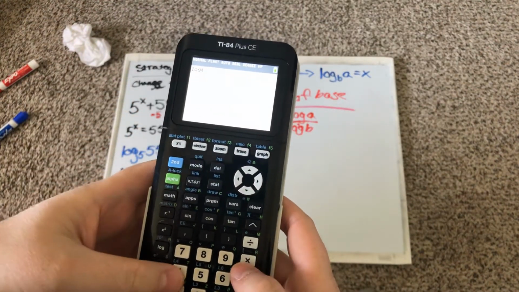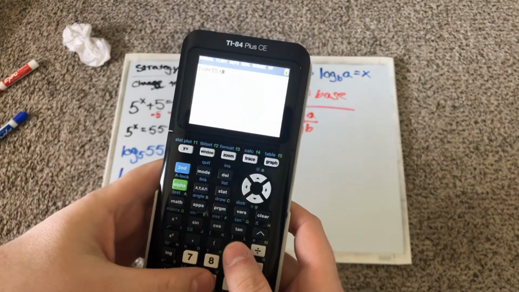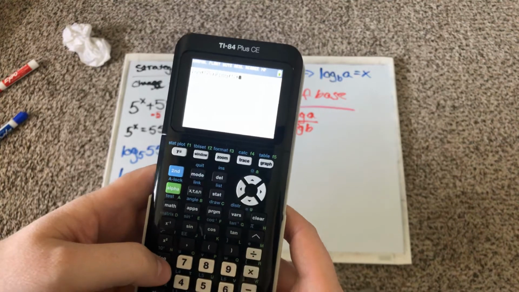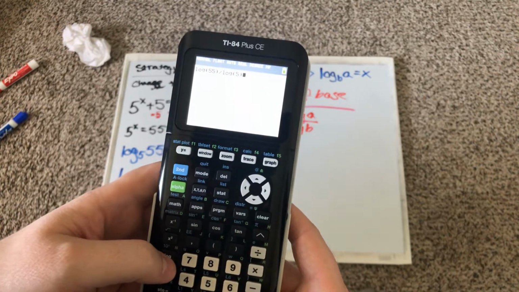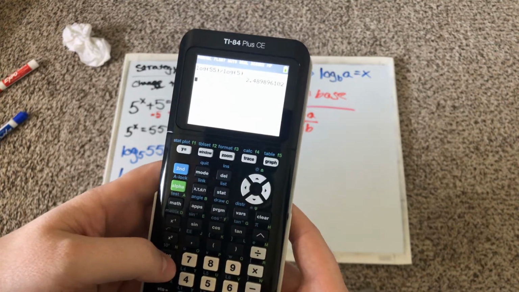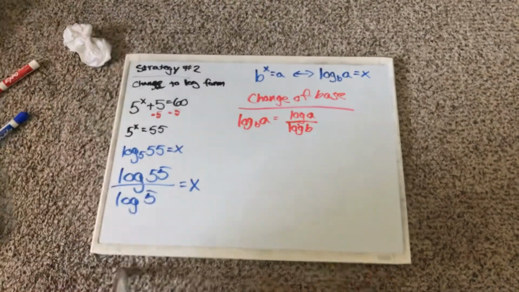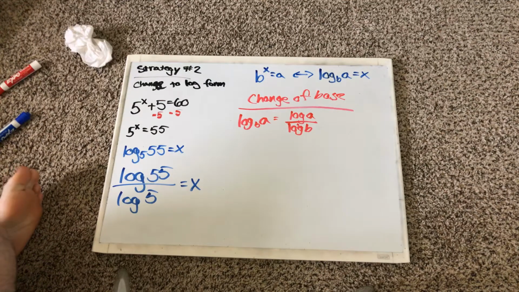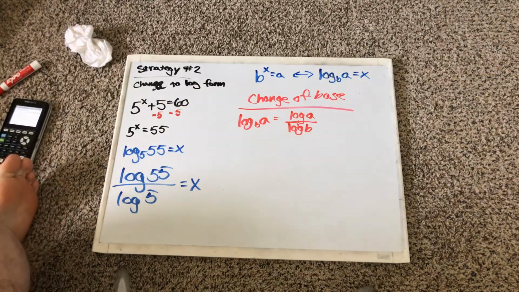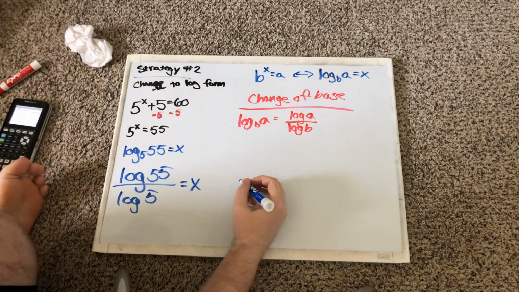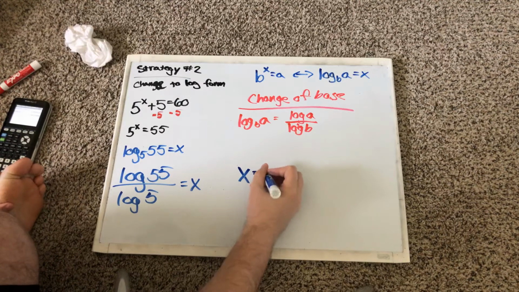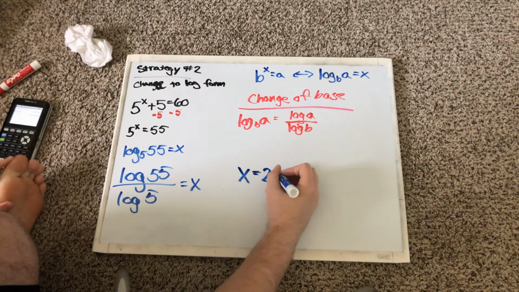So log 55, close your parenthesis, divided by log 5, close that parenthesis, press enter, and we're just going to round. You're going to get a decimal, and that's fine. Let's round to 2 decimal places. x equals 2.49 as your answer.